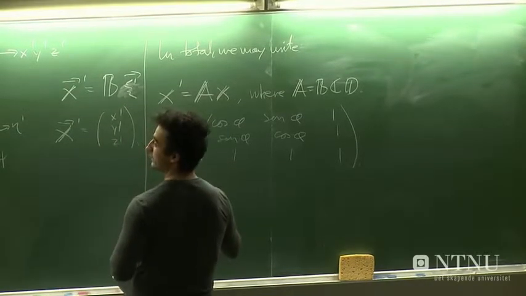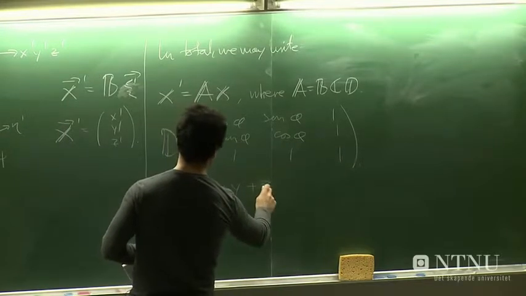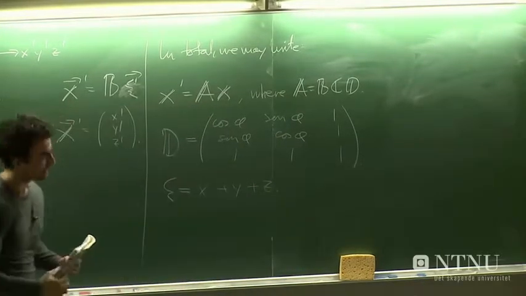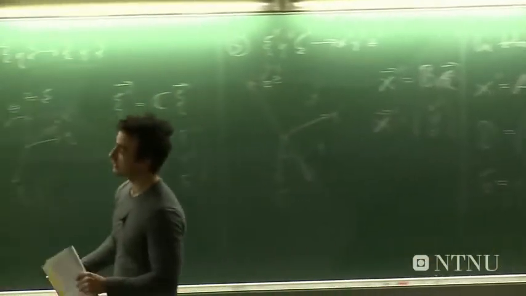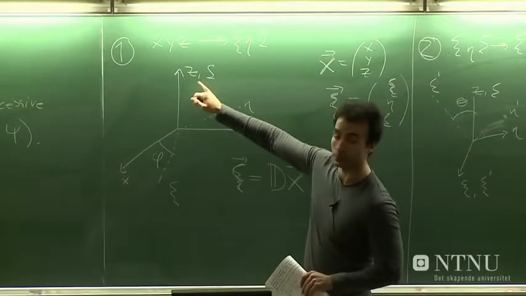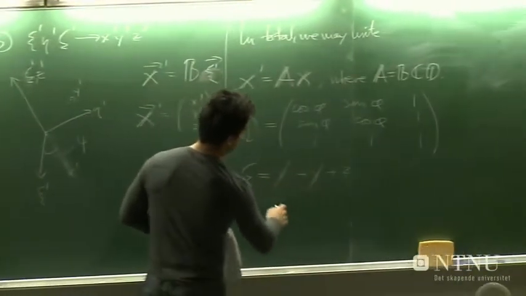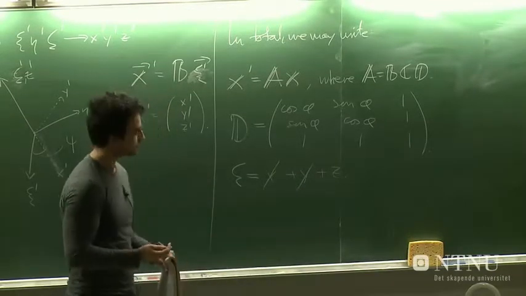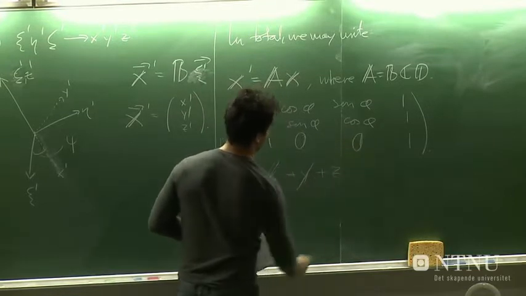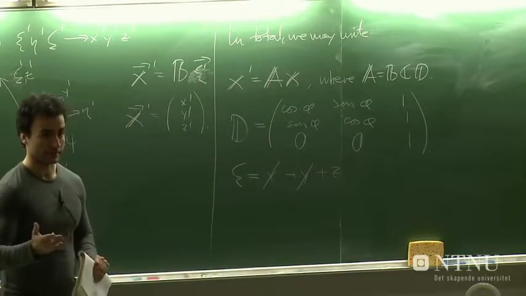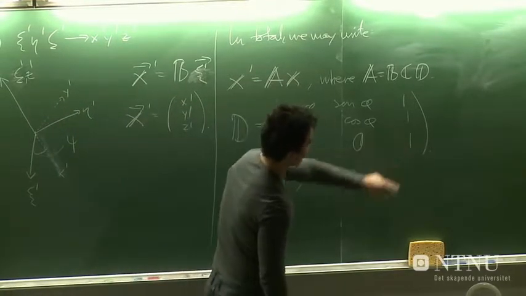We would get x plus y plus z, which isn't exactly what we want because we have stated here that the z-axis should in fact be equal to the z-axis. So what we should have is just zeta equals z. We can obtain this by setting 0 here, in which case, as you say, the z-axis remains unchanged. So the 1 should be here, definitely.